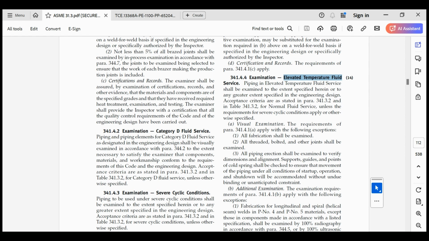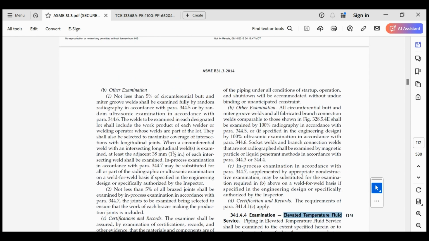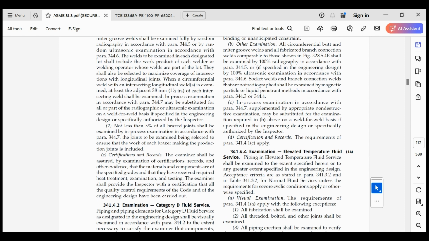Now we will summarize this in a particular table so that we can easily understand what kind of clauses are there. All these 5%, 10%, 100%, right? Various testing, their percentages, their categories. So this was all about clauses so that we can understand how it is represented in this code.